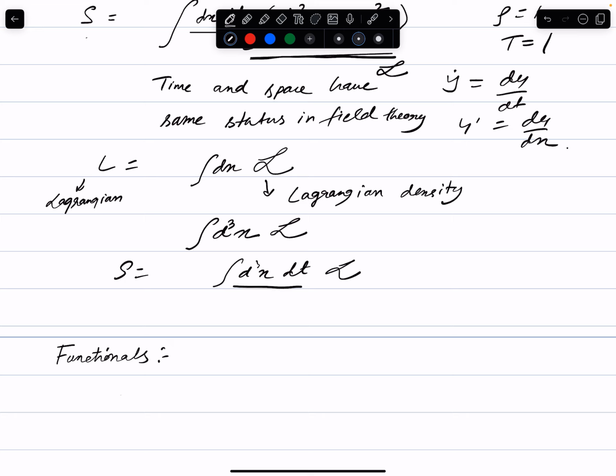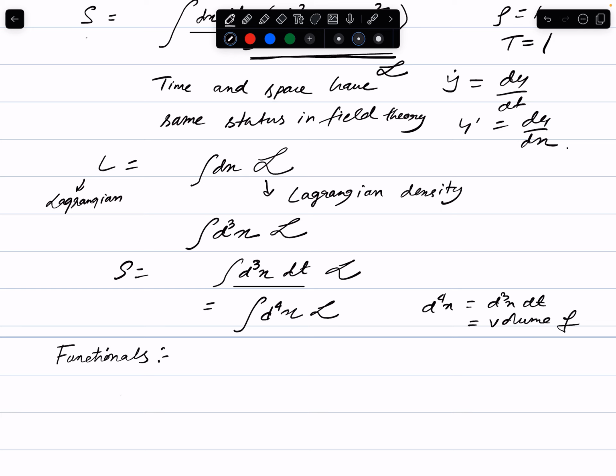And d3x dt is the volume of not just space, but space-time. So we might write this as d4x Lagrangian density, where d4x means d3x dt, which means the volume element of space-time. So there's a nice symmetry between space and time emerging when we simply write things in the language of classical field theory.